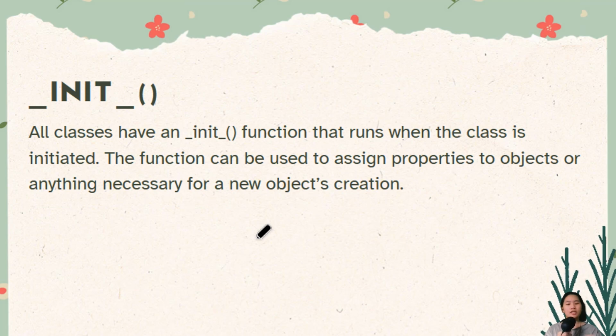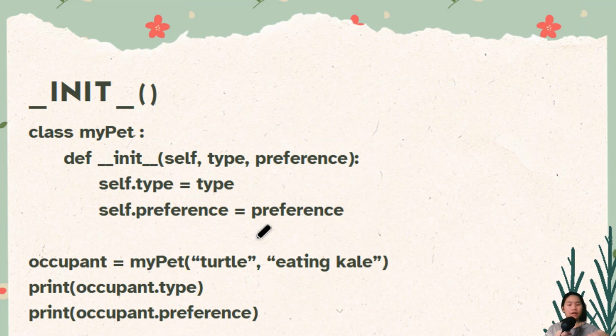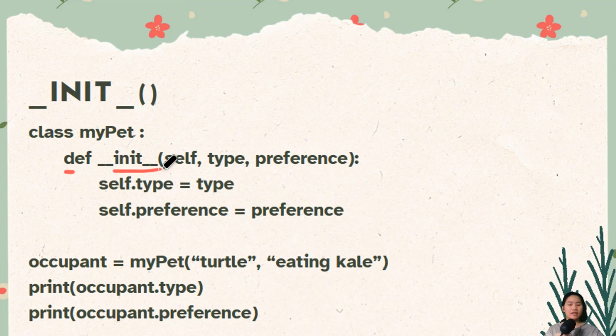Next up, the init function. All classes have an init function that runs when the class is created or initiated. It can be used to assign properties or anything that's necessary when it comes to creating an object. And I'm going to show you an example. I have a class, new class, my pet, and then def init.